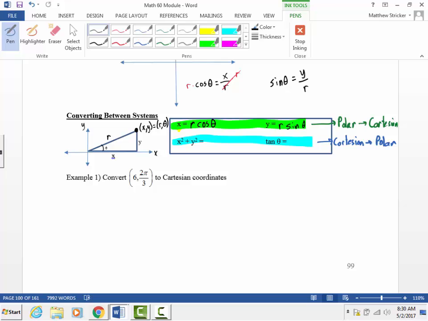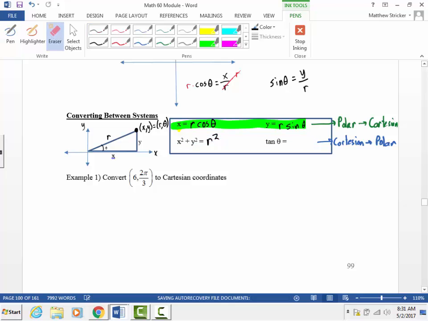So, what's x squared plus y squared equal to? It depends on what r is. Yeah, it's r squared, right? It's the Pythagorean theorem: leg squared plus leg squared equals hypotenuse squared, r squared. It could be 1 if r is 1. And then tangent theta.